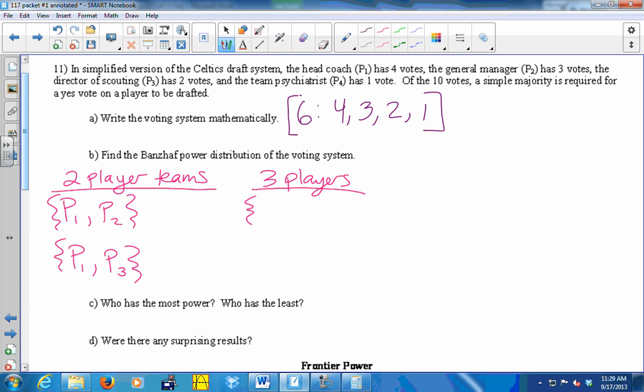Okay, 3 players that can team up and get 6 votes. 1, 2, and 4. Sure. Any other 3-player teams? 2, 3, and 4. That's the 3, the 2, and the 1. Anybody else? 1, 2, and 3.